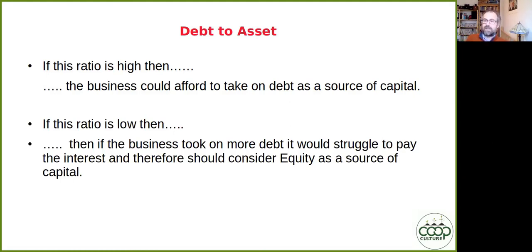What it means is the vast majority of the money that we're generating, if the EBIT to interest payable ratio is low, then the majority of the money that we're managing to generate as a business, and the profit that we'll have at the end, is actually being used to pay interest or to cover the cost of capital. And if that is the case, it would mean that if we took on more debt, we would struggle to pay the extra interest, so the business should consider equity as a source of capital.